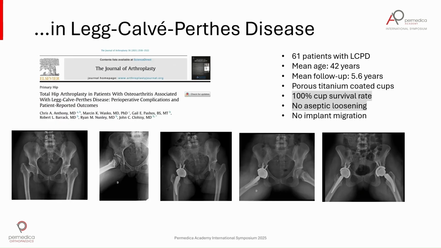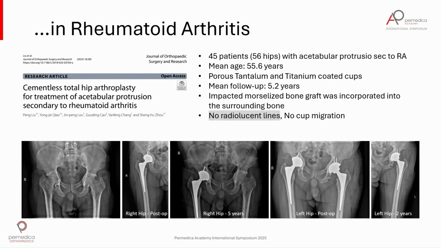When you talk about Legg-Calvé-Perthes, for example, you have 61 patients, really young, 42 years, 100% survival rate, but the follow-up is still short, 5.6 years, and no implant migrations. With rheumatoid arthritis, 45 patients, 55 years.